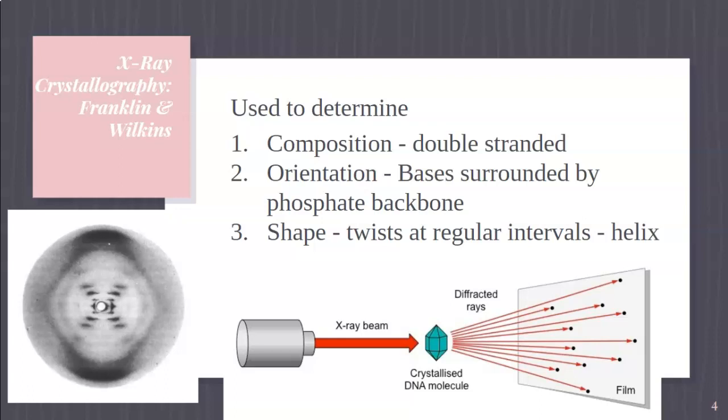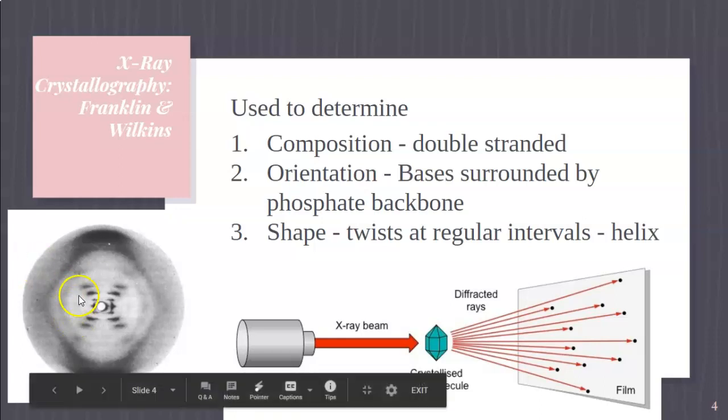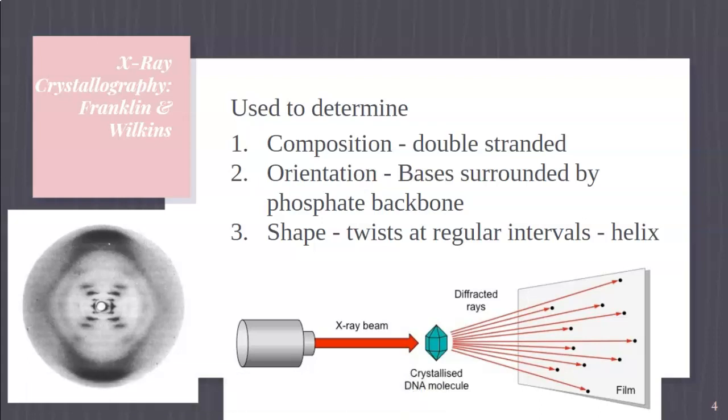The way that they did this is they shot an X-ray beam through a crystallized DNA molecule, and then looking at the wall that it was being beamed onto, they were able to determine the shape, because you can see the X-ray light would get stopped on the DNA itself, but be able to shoot through all these empty spaces. And so they were able to determine that DNA was double-stranded, had a phosphate backbone, and twisted at regular intervals, giving it that helix shape.